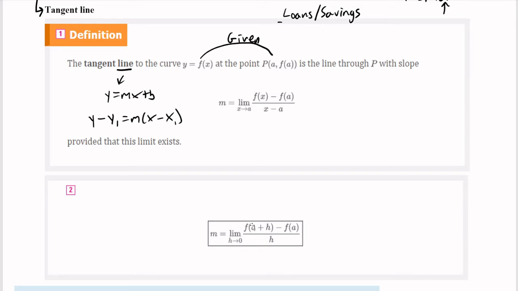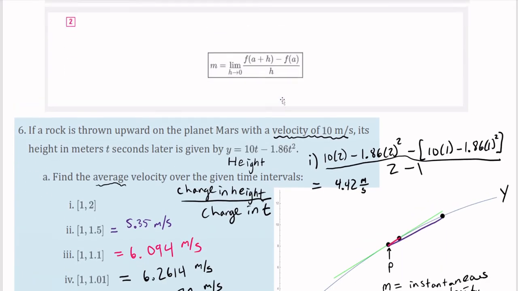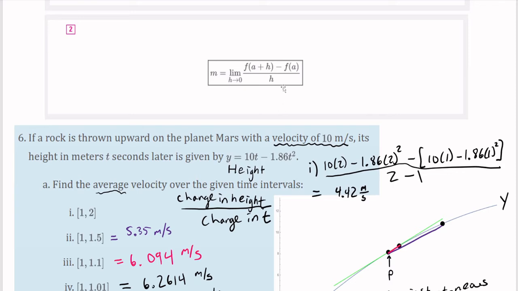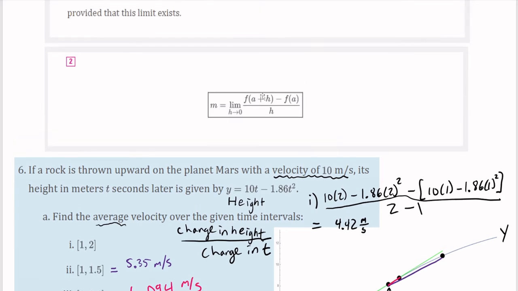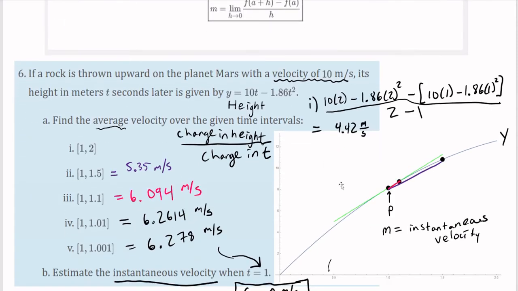Or I could think of this a little differently and instead be like, well, really what I'm doing is this is just always 1 plus a little bit more, right? So f of 2 is just f of 1 plus 1. So this h here tells us this distance here that we're actually going out. So here, the distance h is 0.5 to get to this dot. And then h here is 0.1.